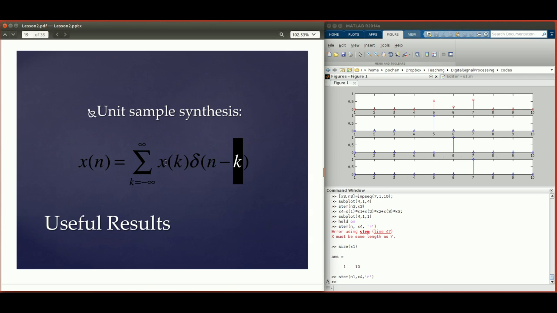If x at the location k equals 0, then it doesn't contribute to the summation. So you have to use the locations where x has non-zero amplitudes. So that's what we call the unit sample synthesis. Any kind of signal can be represented as a weighted superposition of shifted delta pulses or impulse sequences.